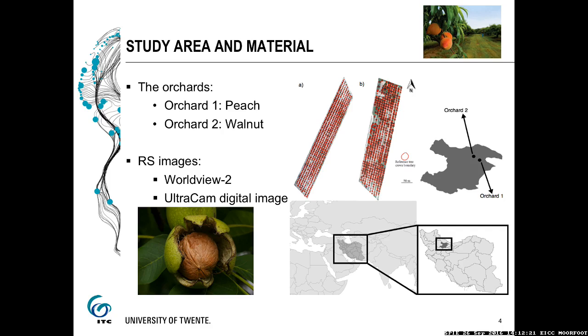So in this study, we considered two orchards. The first one is peach, and the second one is walnut. The study area is located in Qazvin province in northwest Iran.